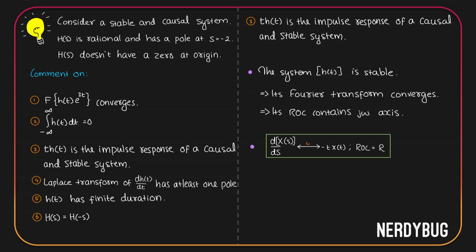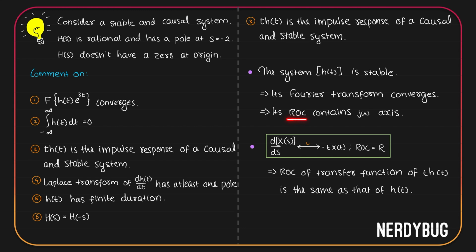Differentiation in s domain. The inverse Laplace transform of d by ds of x of s is minus t x of t, and ROC is going to be the same as R. Here we want the Laplace transform of t h of t. According to this property, ROC of the Laplace transform of t h of t is going to be the same as that of h of t.